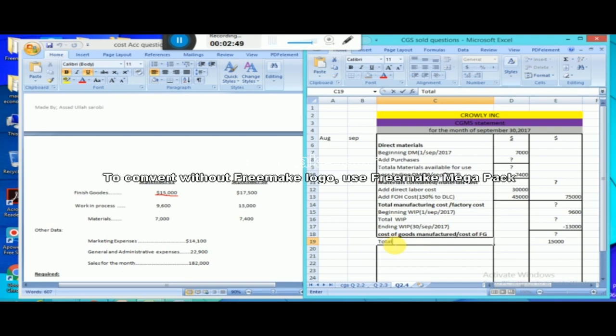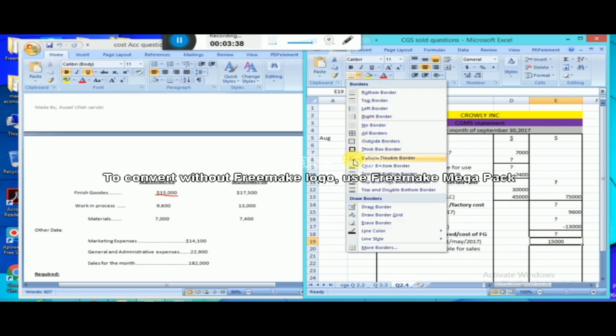Total finished goods available for sales. What will we do on the finished goods?